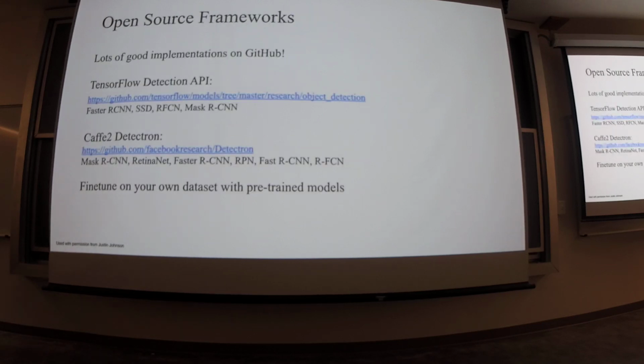What's really cool too is that, though it's probably a little out of date now, because this is a really common task that people want to do, there are really nice frameworks for working with pre-trained networks.